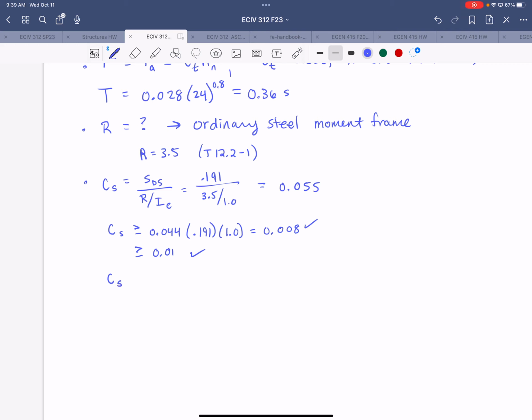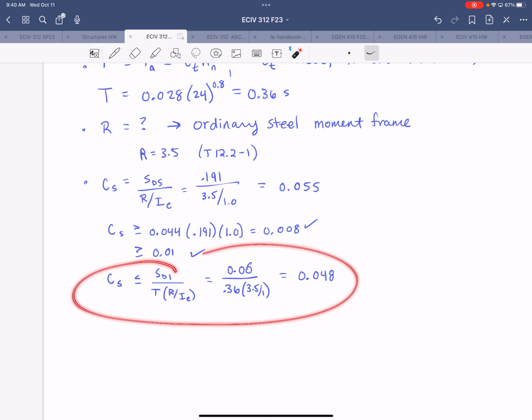And then we have an upper limit to check. So CS doesn't have to be taken larger than SD1 divided by T and R over IE. So we'll calc that. SD1 was 0.06, and our T was 0.36. So this gives us a value of 0.048.